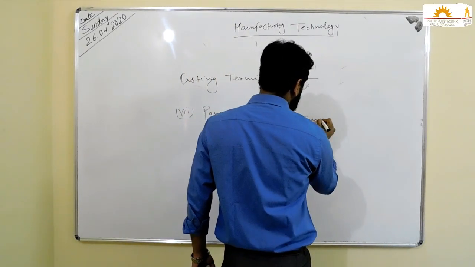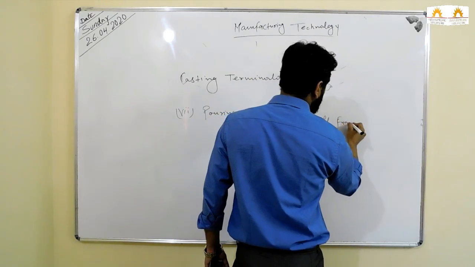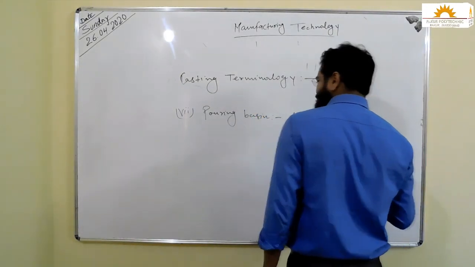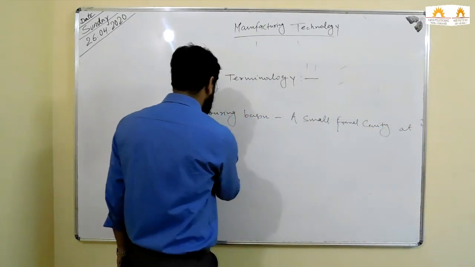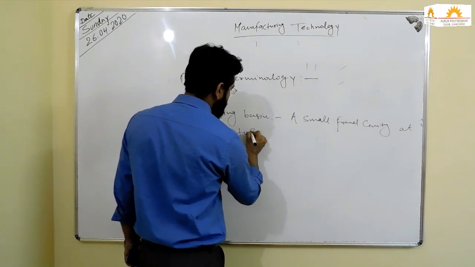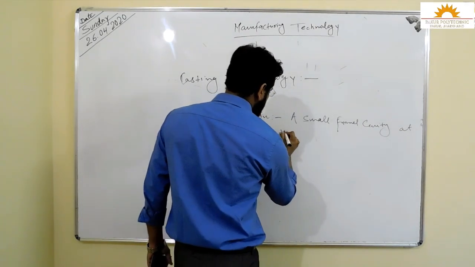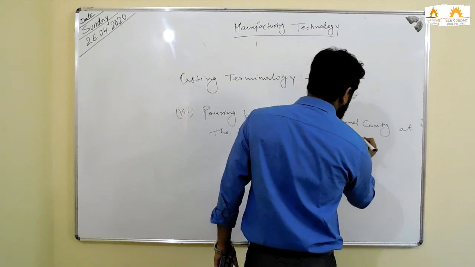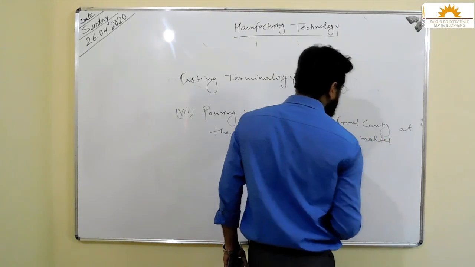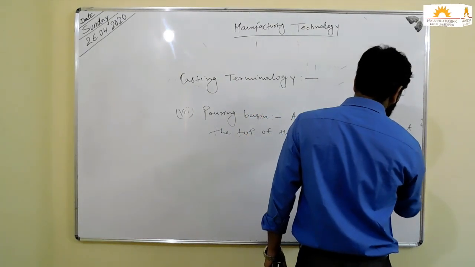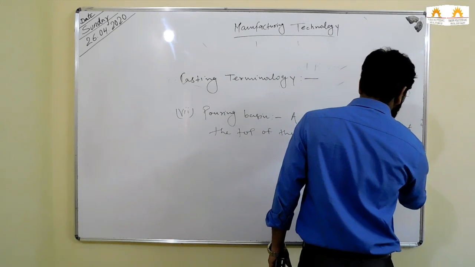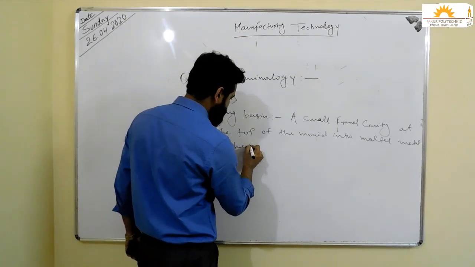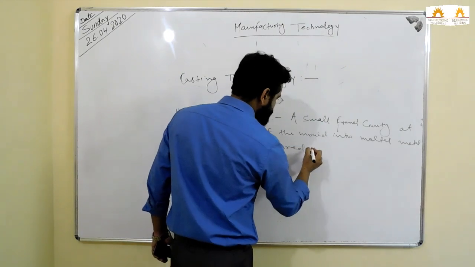A small funnel cavity at the top of the mold into which molten metal is being poured through a ladle.